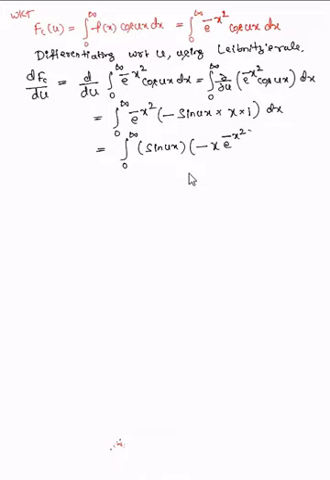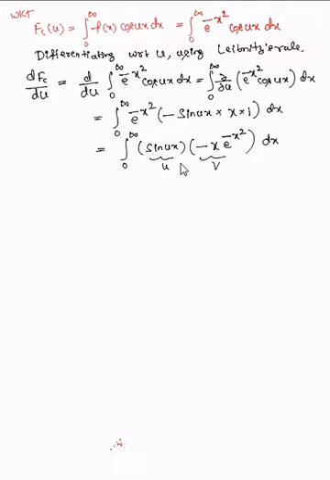I'll write this minus x e power minus x square together, sine ux separately, into dx. Now we have to integrate this. How to integrate? There is a product here. Apply integration by parts. If I apply integration by parts, I'll select this one as u and this one as v.